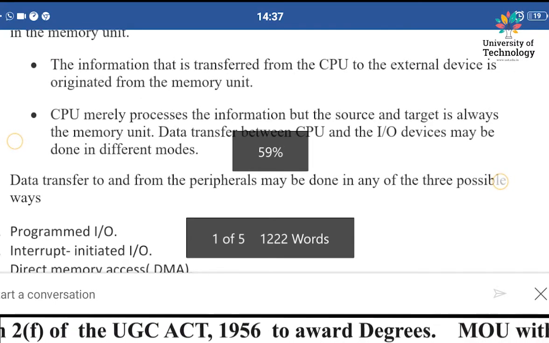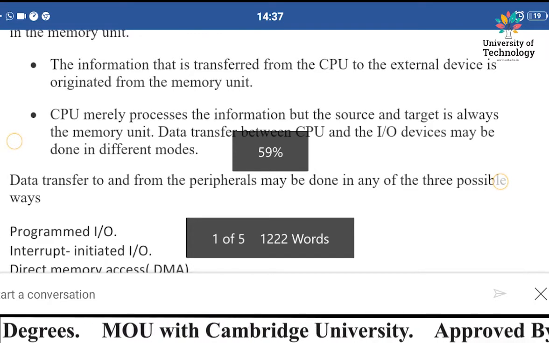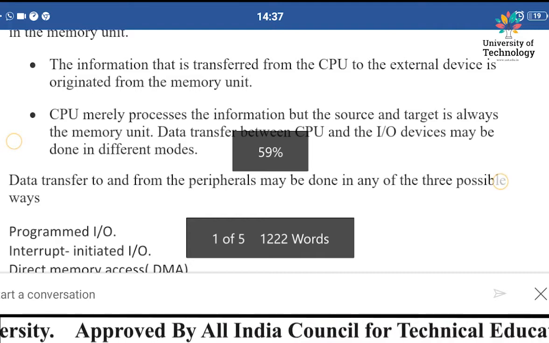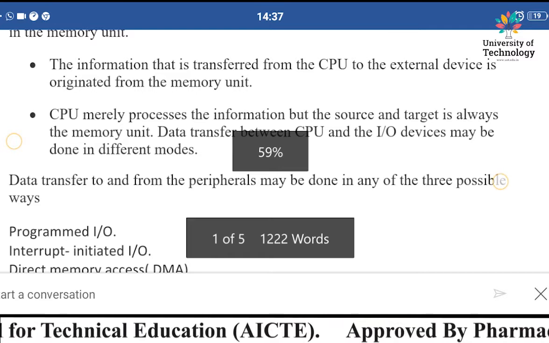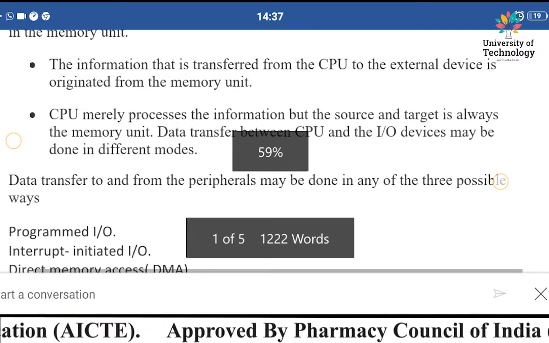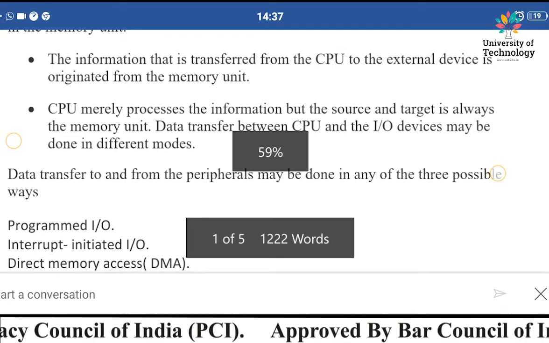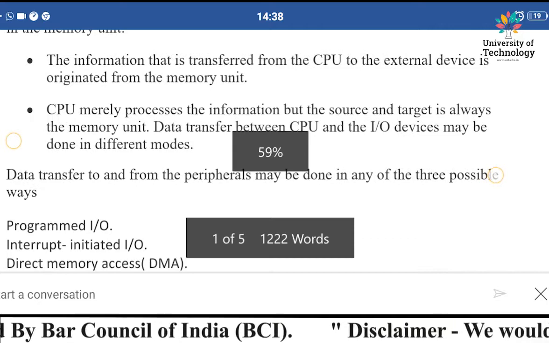Now the information that is transferred from the CPU to the external devices, what is its origin? You all know the external devices. All the data that is transferred from the CPU to the external devices originates from the memory unit.